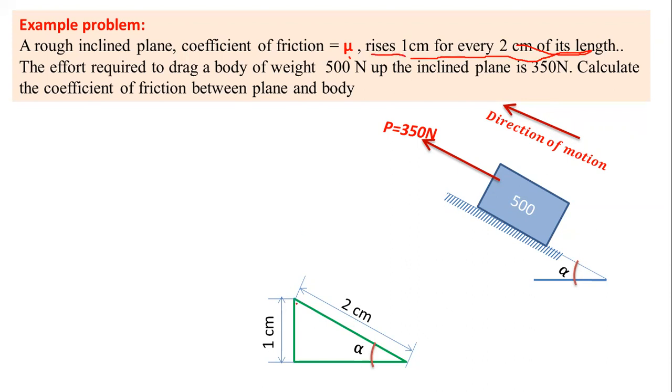Okay, now let's consider a height of 1 centimeter and 2 centimeters length. So this is the 2 centimeters length. This is the angle alpha, inclination of the plane. From this condition, you have to determine the angle of inclination of the plane. Okay, alpha is the angle of repose.